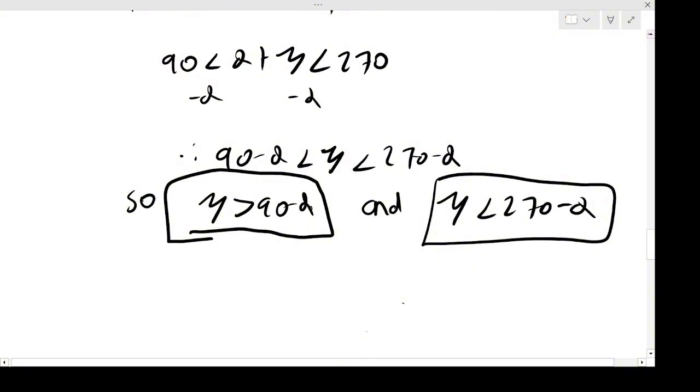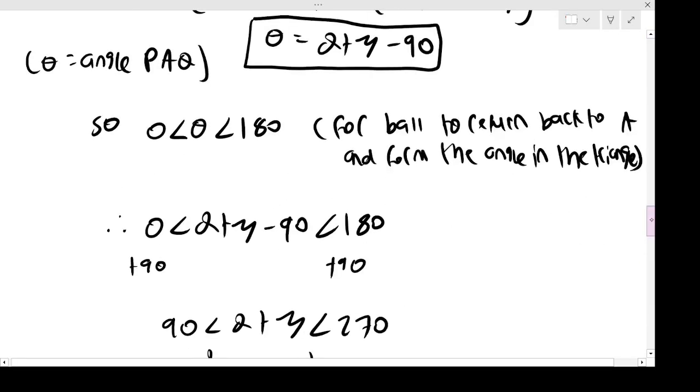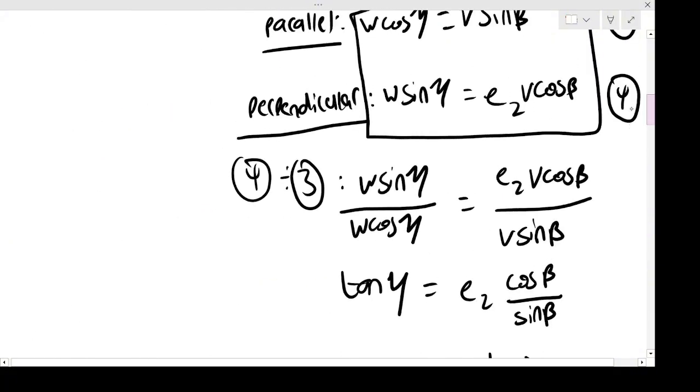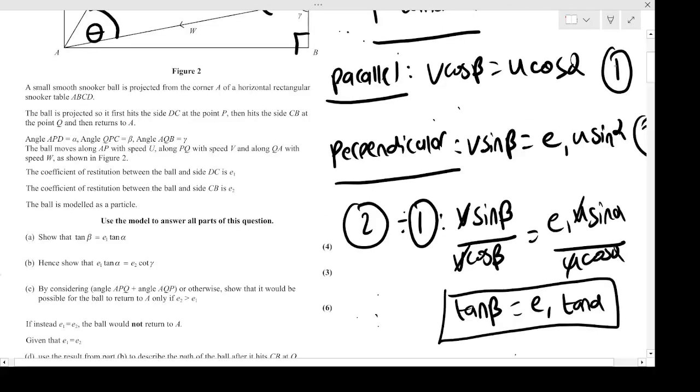So I've got these two inequalities, and essentially I've got gamma in terms of alpha. At that point, I'm not entirely sure how to proceed, so let's just revisit what the question's telling me. We need to show that E2 is greater than E1, okay?